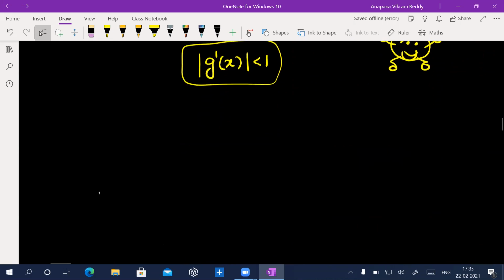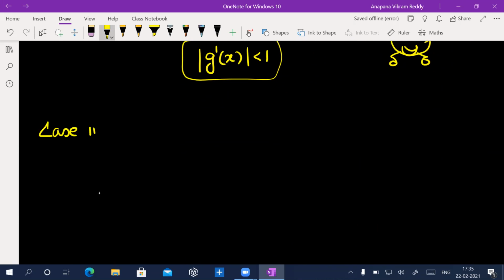Let's find if there is any other form of g of x with which we can get some convergence, okay? So, can I write it like this? x is equal to (5 minus 1.2x) by e power 0.5x.